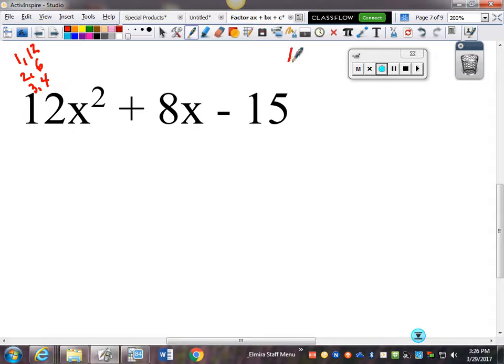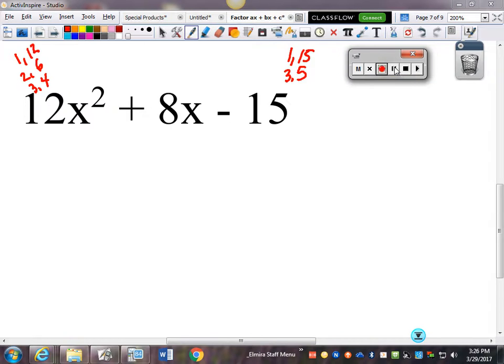For 15, I have 2 combinations, 1 times 15 and 3 times 5. So there are tons of possible combinations that we would have to try through trial and error to make this work. Trial and error is okay, but the larger your numbers get, the more time consuming that can be. So we don't necessarily want to always do that.